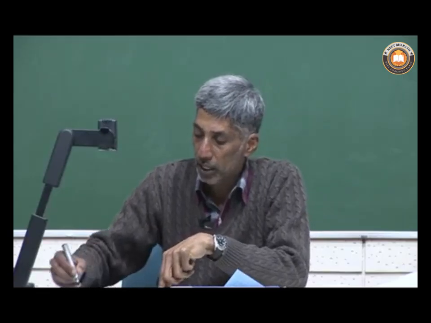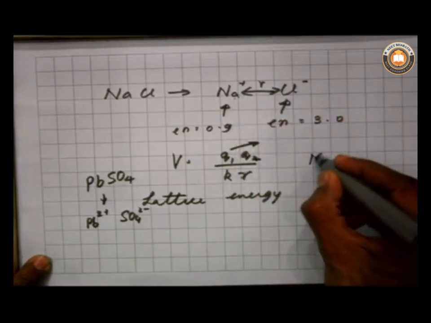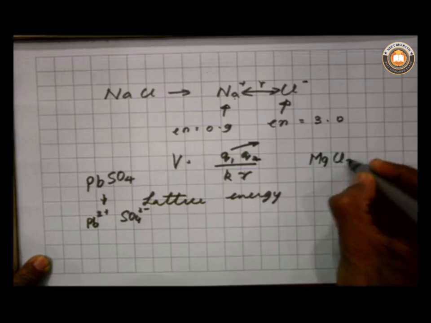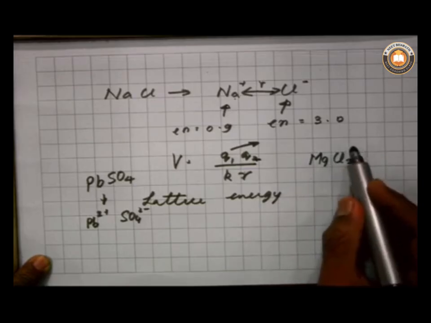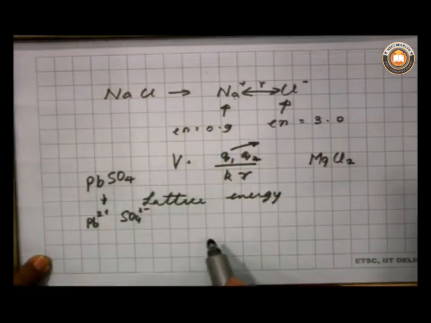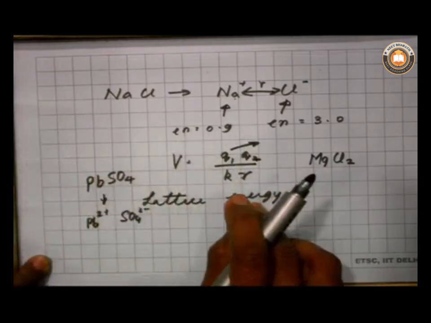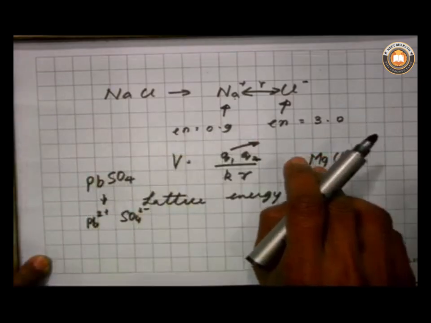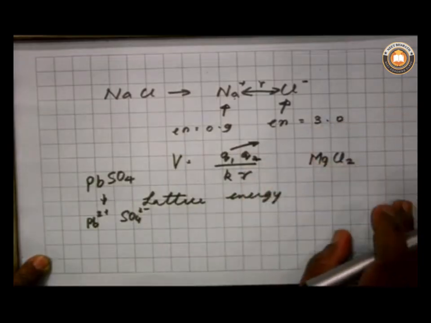So, you can imagine if I go from NaCl to MgCl2, you expect that the lattice energy would be even higher. So, if you took a series of compounds, the lattice energy would be a function of the size of the ion and the charge of the ion, right.